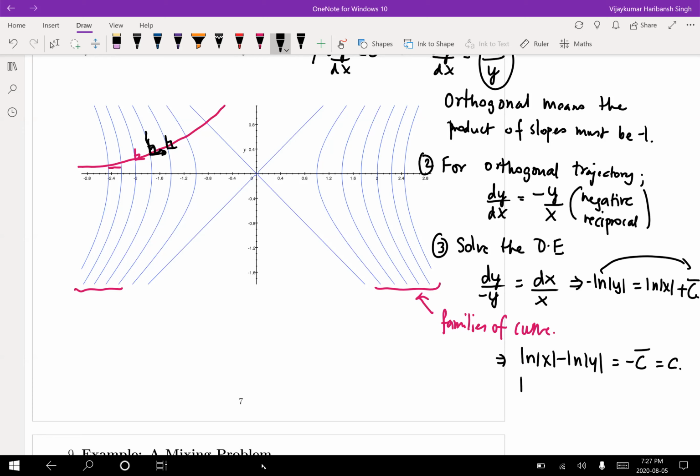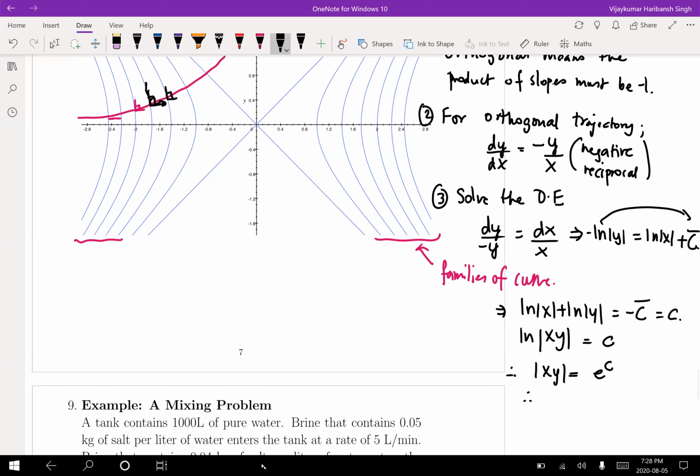So we get ln of x over y equals... when you bring it on the other side, it becomes plus. So we get ln of x plus ln of y is ln of xy, that is c. Or we get xy equals e to the power c.